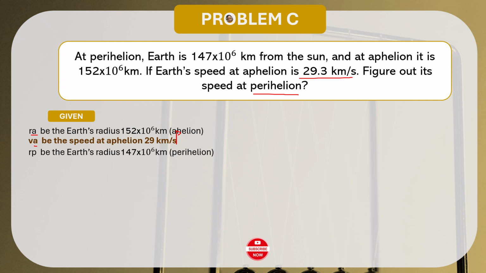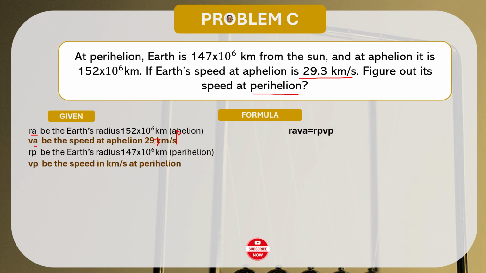So velocity at aphelion, the speed at aphelion, that's 29.3. My slide is very inconsistent this time, my apologies. And then you have the RP, that's the radius at perihelion. Okay, and then we have the velocity at perihelion.